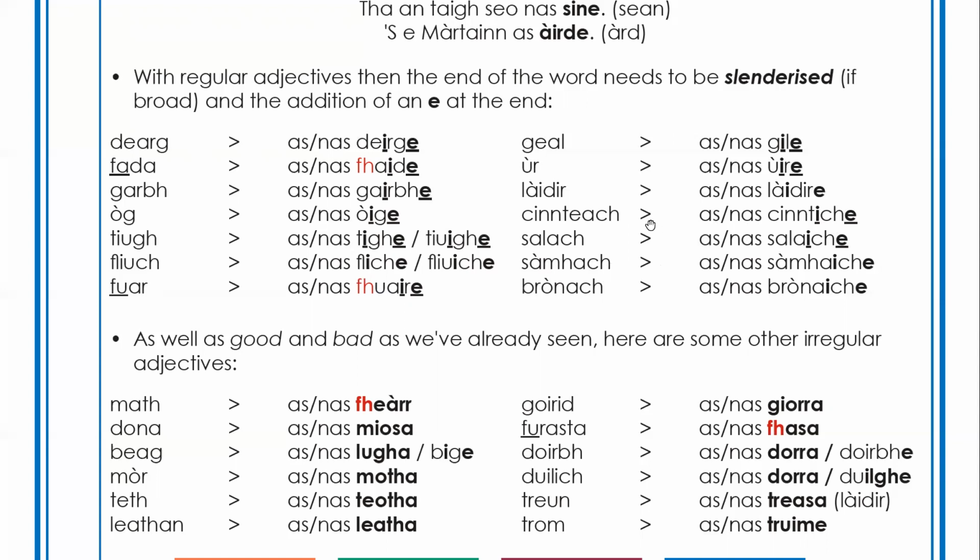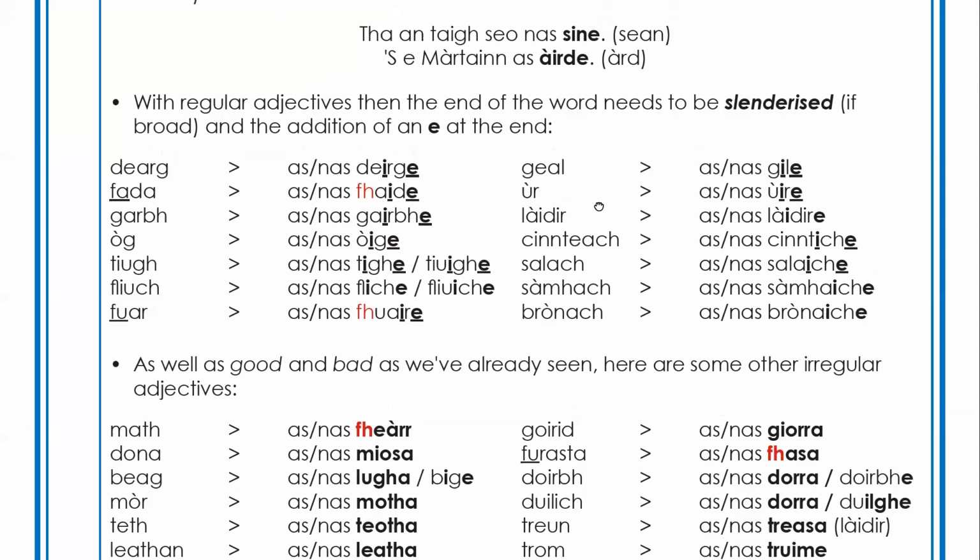And the other thing to remember when you're starting out, if you're aiming to use the language to speak, then really it's the concept of slenderizing. You're making the sound kienchach, nas kienchiche. So just remember when you're using as or nas, you make the sound slender at the end. So salach, nas saliche.